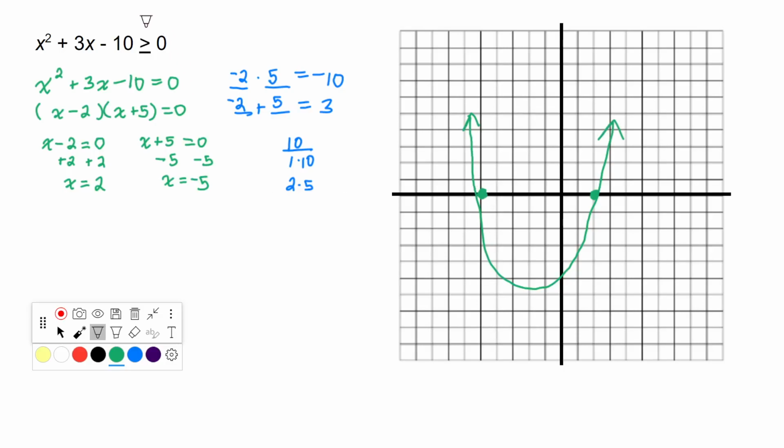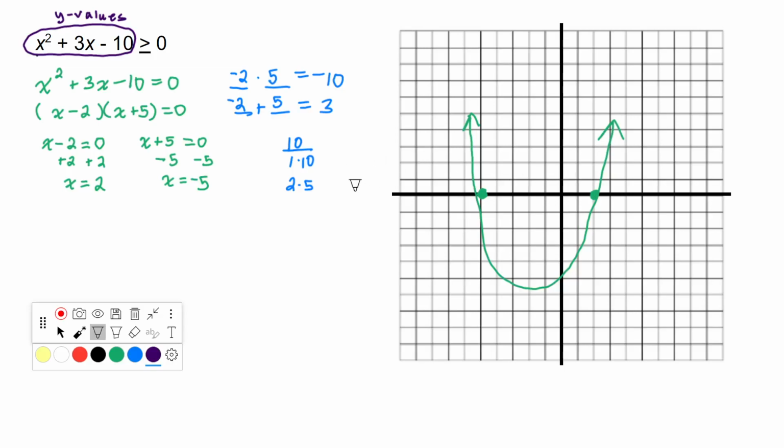Now I'm going to go back and take a look at this inequality. Keep in mind that the quadratic expression is giving us the y values. So we're looking for y values that are greater than or equal to 0. When I look at my parabola, I'm looking for what part of my graph is above y equals 0.